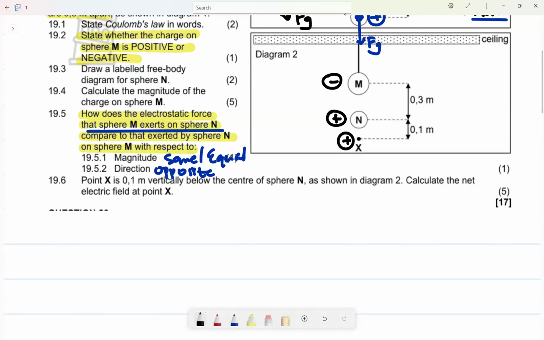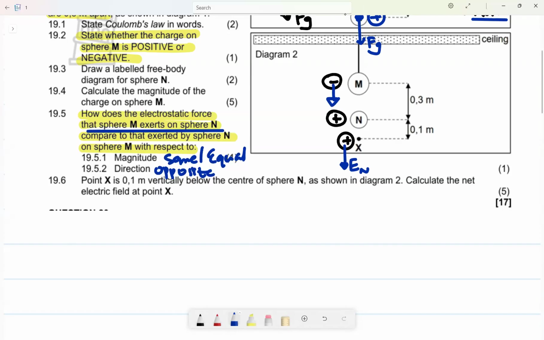So now, X will experience an electric field due to N that repels it, that causes it to go down. Why? Because they repel, okay? They repel like that. Can you see that? But what is happening between M and N? There is an attraction.